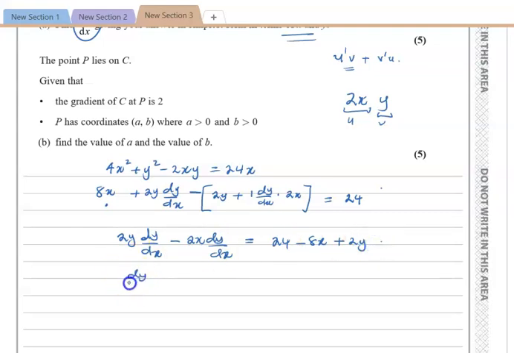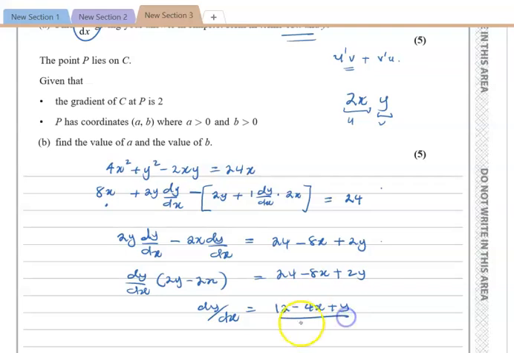Factorize the dy/dx outside. So what you have is 2y minus 2x dy/dx equals 24 minus 8x plus 2y. That means your dy/dx is going to be, dividing everything by 2, 12 minus 4x plus y, all of it over y minus x. That's your dy/dx.